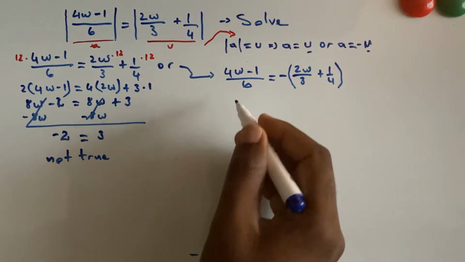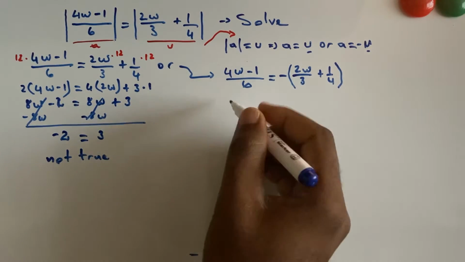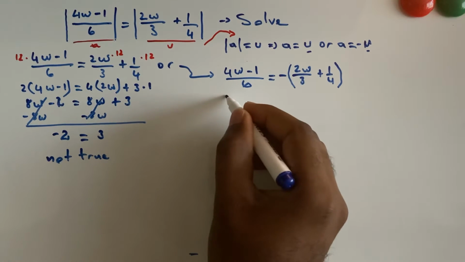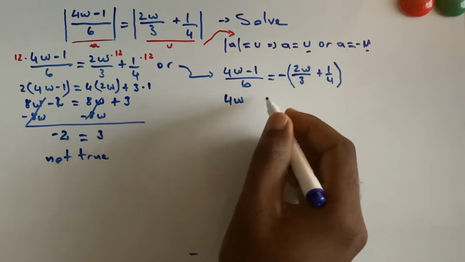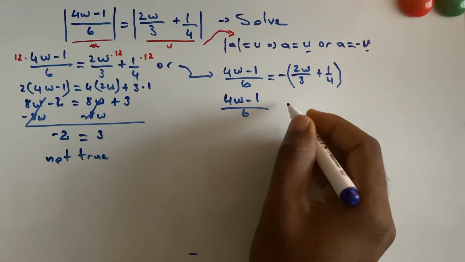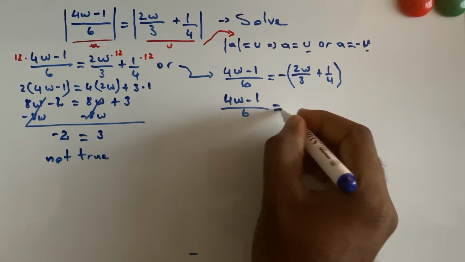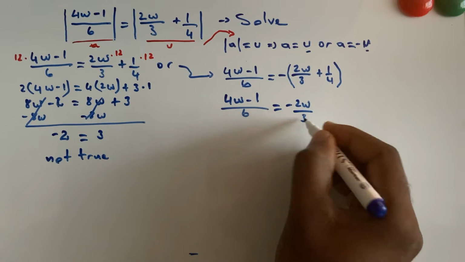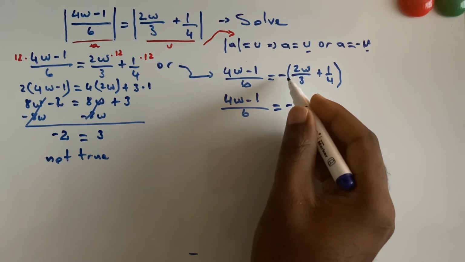So okay, let's go. We're gonna do the same thing, but just remembering that we had a positive, negative sign here. So it's 4w for now. I'm leaving it this way for now. Divided by 6 equals, now, negative 2w over 3. It's as if you have a negative 1 here, invisible.